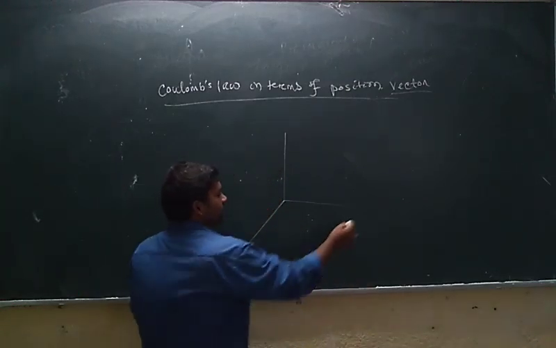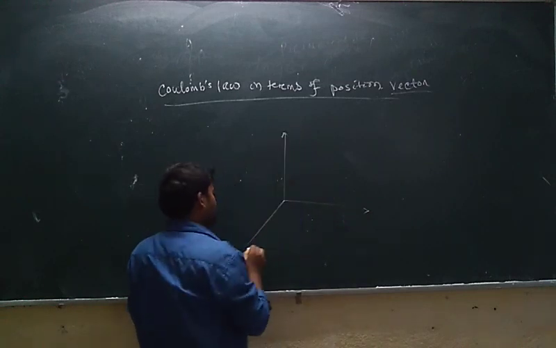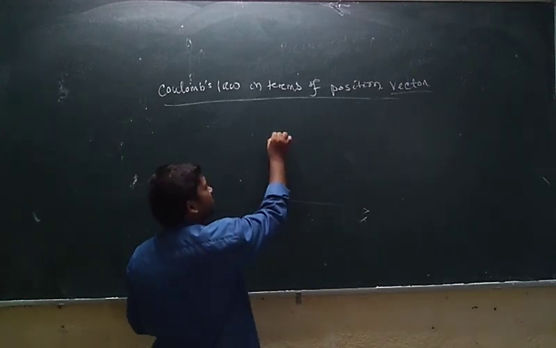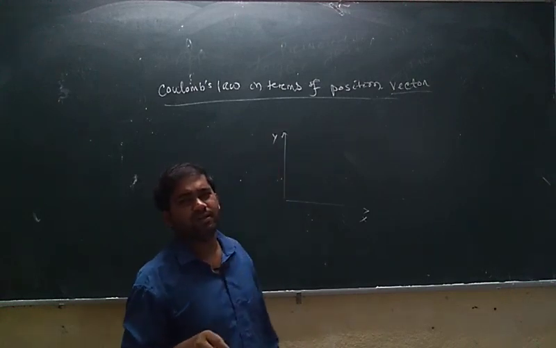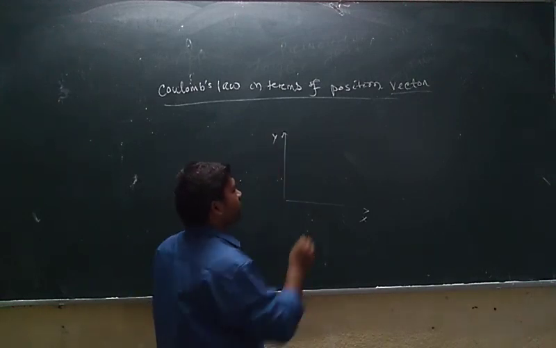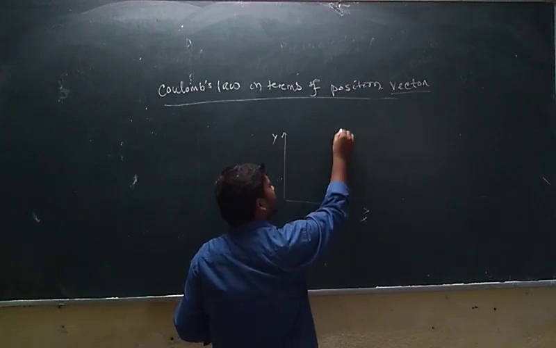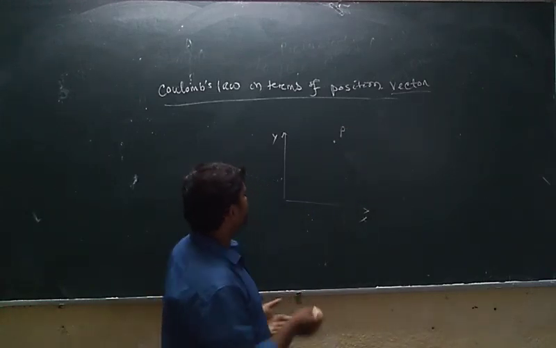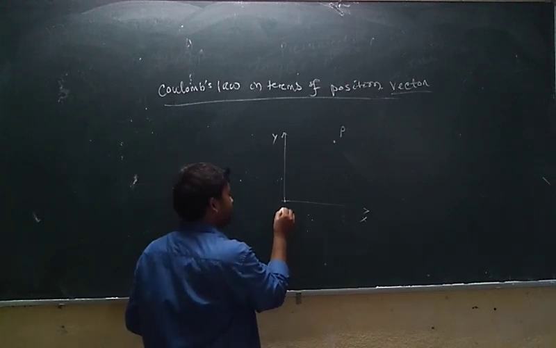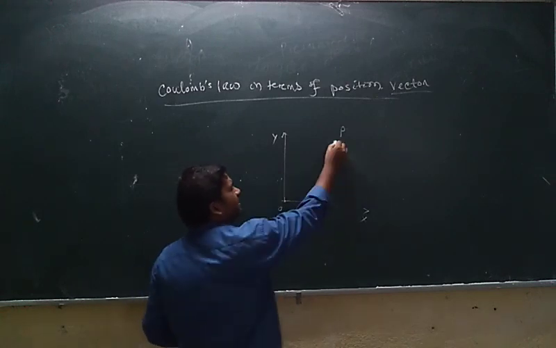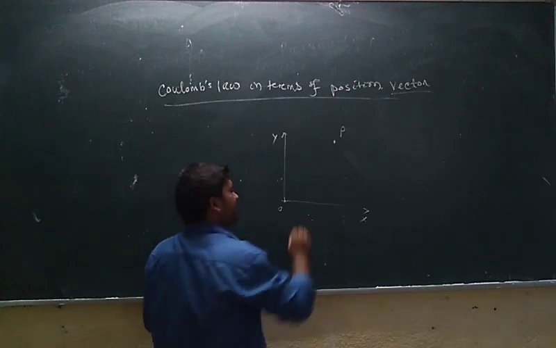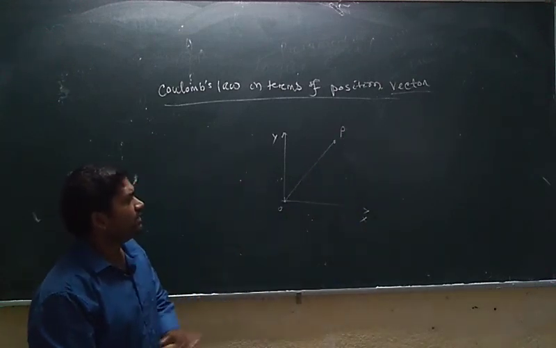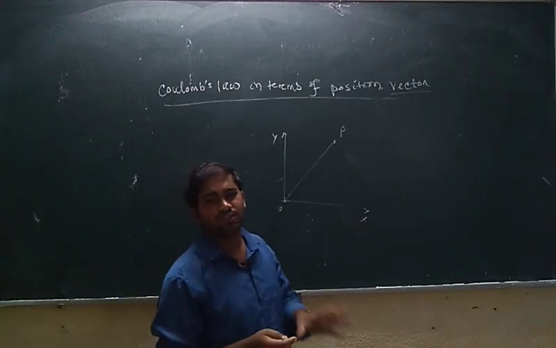For example, suppose we take a two-dimensional coordinate system, x, y. Suppose we place a point P in the xy plane. If we join the origin O and the point P in the plane, the line OP will indicate the position vector.